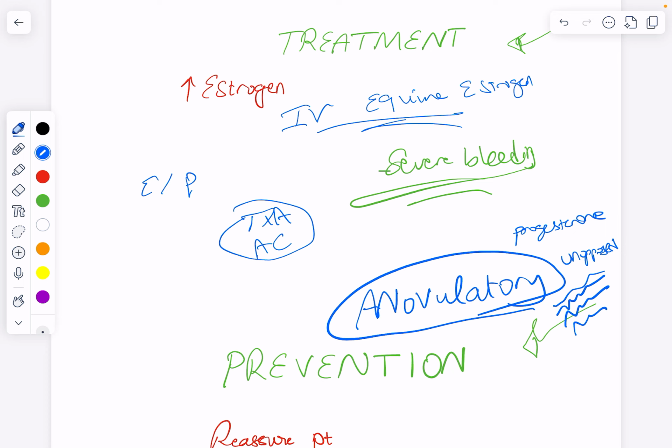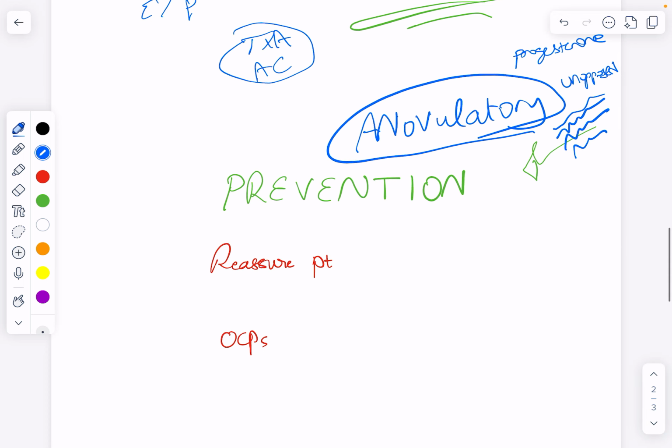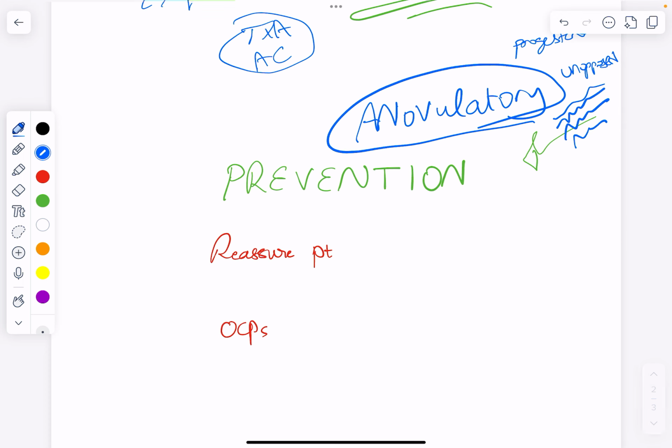And so that really doesn't have a specific treatment, except that you can probably give her OCPs, like OCPs are combined estrogens and progesterone. So because it has a high progesterone component, it would stop this unopposed stimulation of the endometrium.